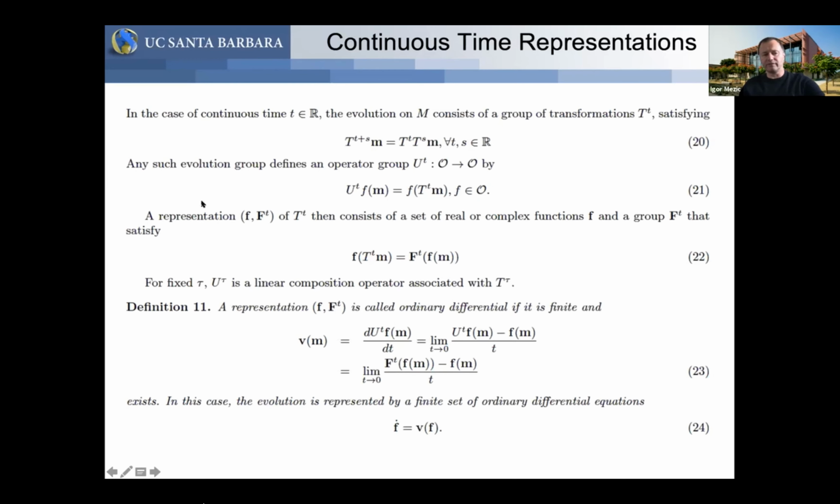And now, if we find a representation, that means that it satisfies this property that f of the time evolution is found as capital F acting on lowercase f of m. And you could say that the representation is called an ordinary differential representation if it is finite and this vector field exists that is defined as a limit.